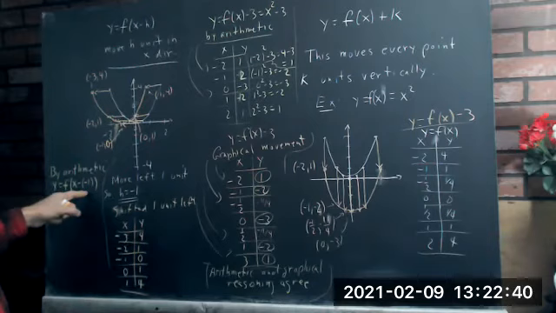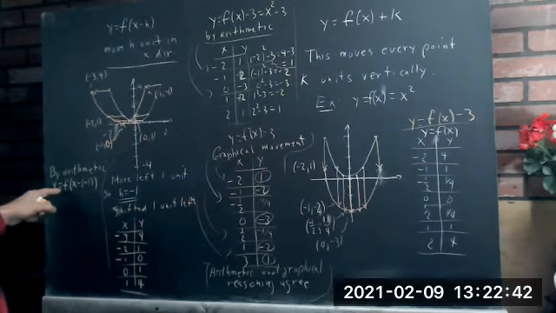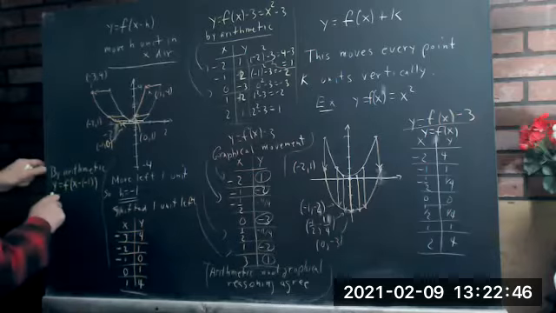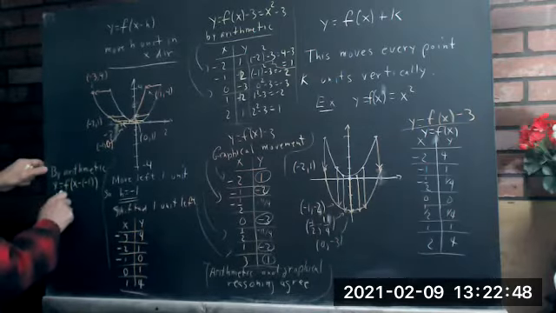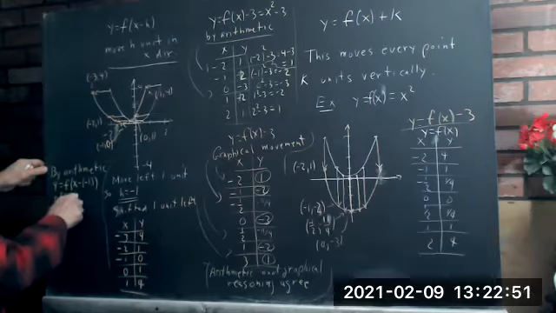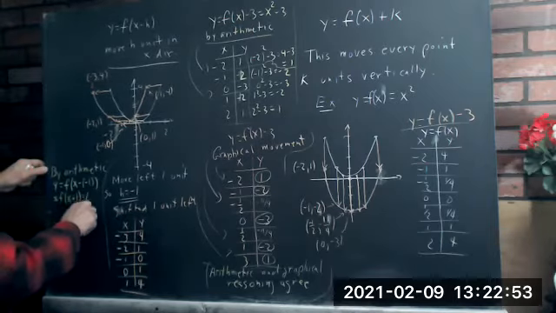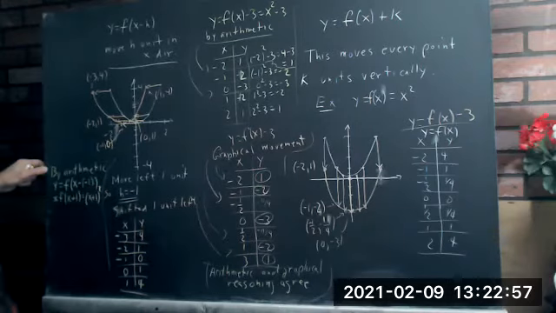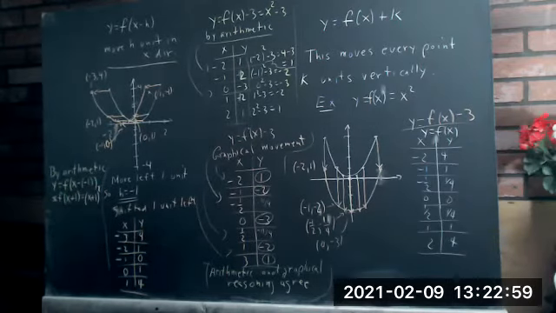H is -1. So this is f of x minus -1, which is x plus 1, which is x plus 1 quantity squared.